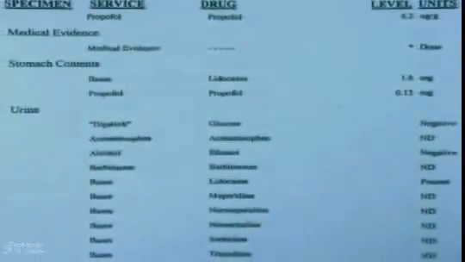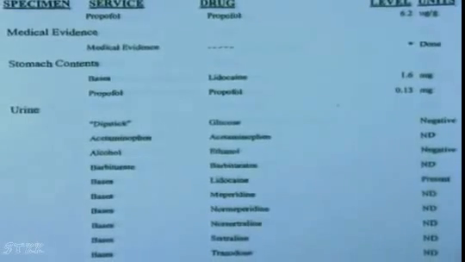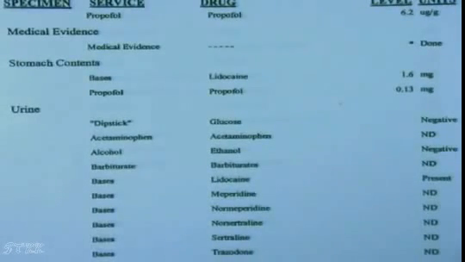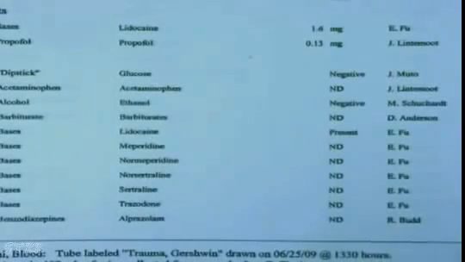Now, the next specimen is, do you see here indicated by stomach contents? That's the gastric contents you mentioned earlier? Yes. All right. And as far as the stomach contents, is it 2 tests that were done? 2 tests similar to the liver and the femoral. Okay. Could you describe the results as far as the stomach contents, please?